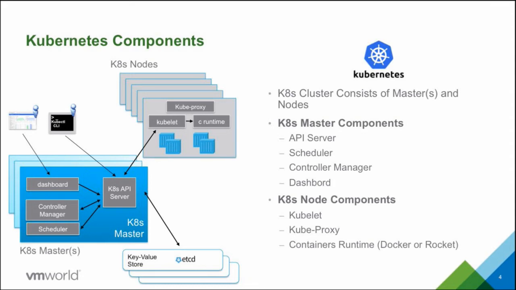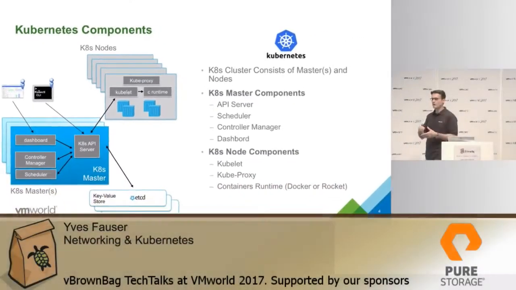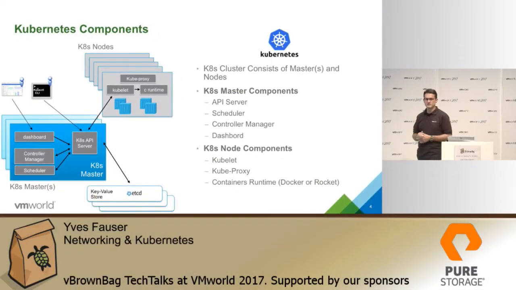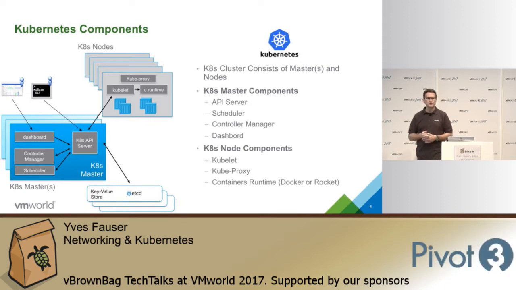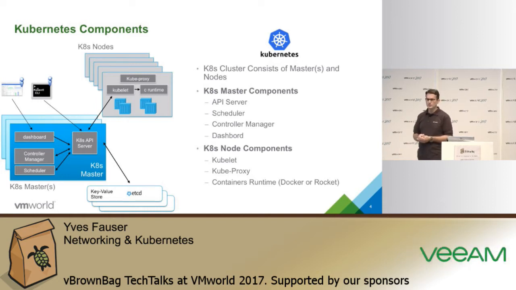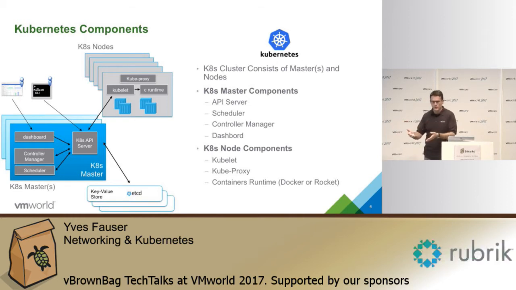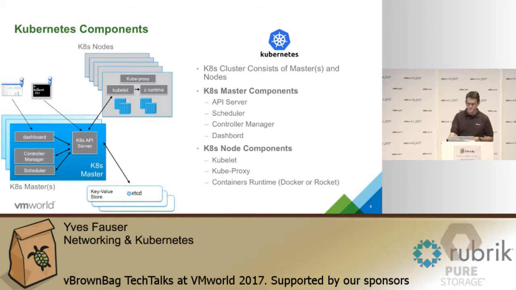And then on the Kubernetes master side, we watch for creation of objects. So if a new pod is created, if a new construct like a namespace is created, we take action and we create the needed elements in NSX, in our networking solution. And I'll go into a demo later on that will show you exactly that objects are created in Kubernetes and we have a resulting effect on NSX.